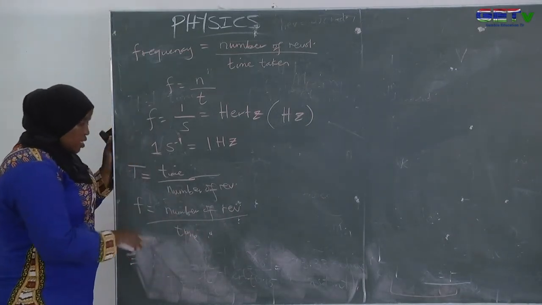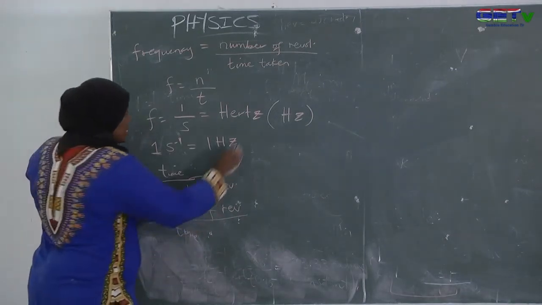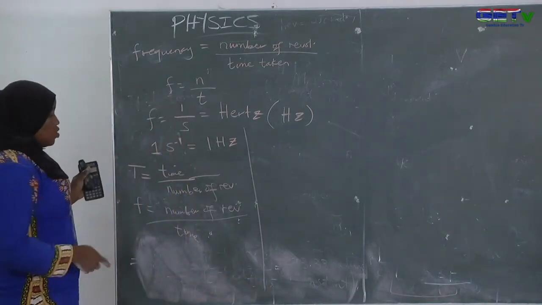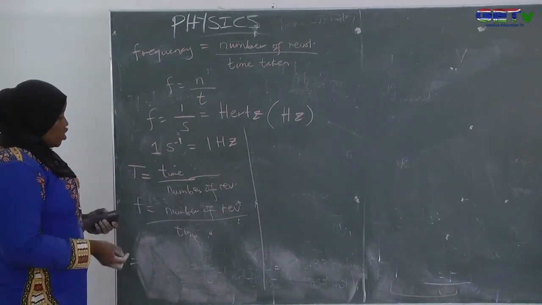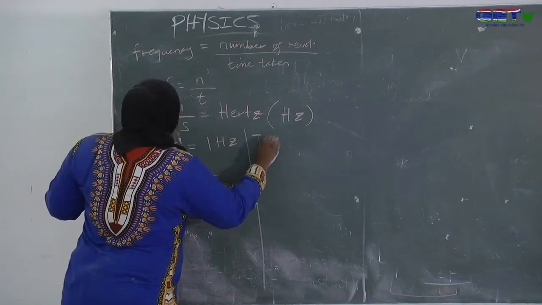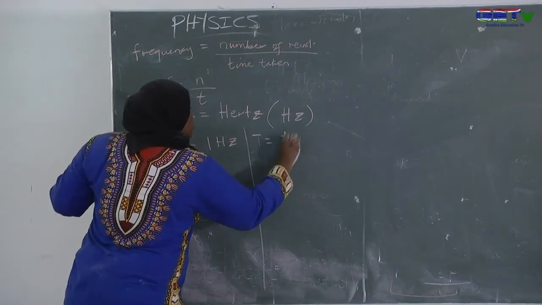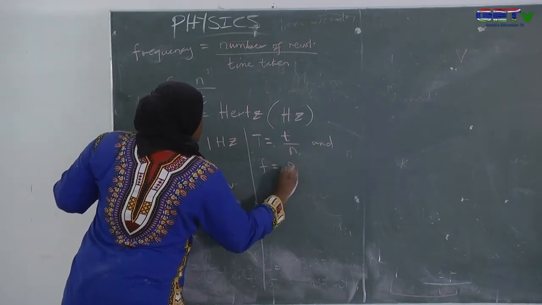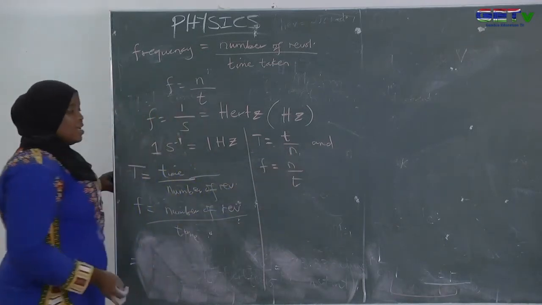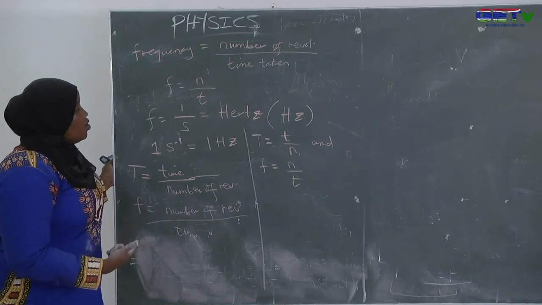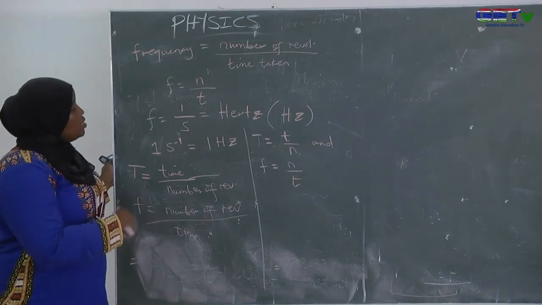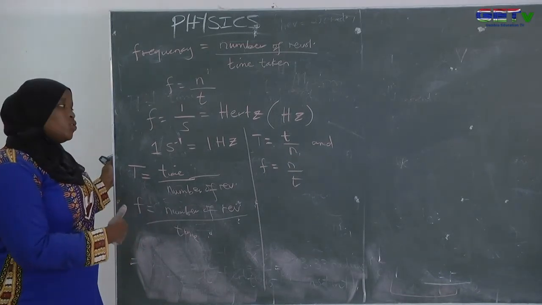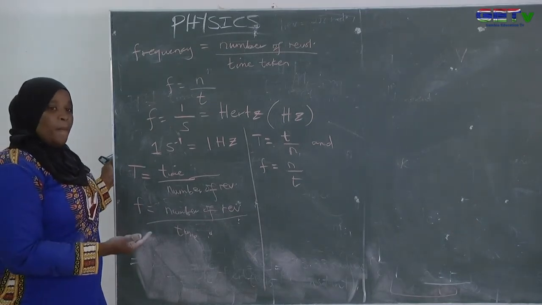So you've seen the pattern that I wanted to address here. You can easily notice that they're inverses of each other. If T is time over n and f is n over time, they are just opposite of each other. We can say that T is an inverse of f and f is also an inverse of T.